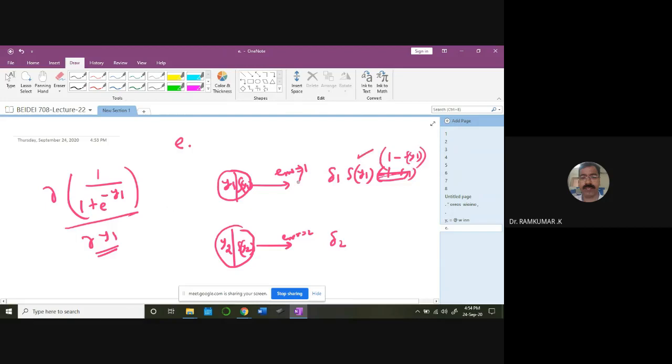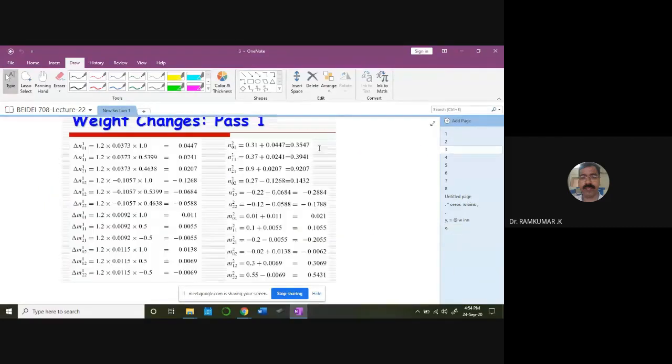That is my delta 1: error 1 into this term. I can compute delta 2 in the same manner: error 2 into s of y2 into 1 minus s of y2. That is delta 2. So you can compute both delta 1 and delta 2 in this manner.